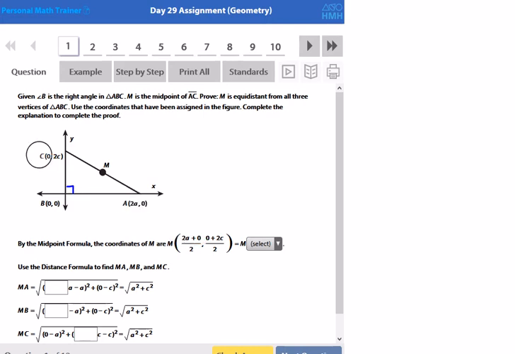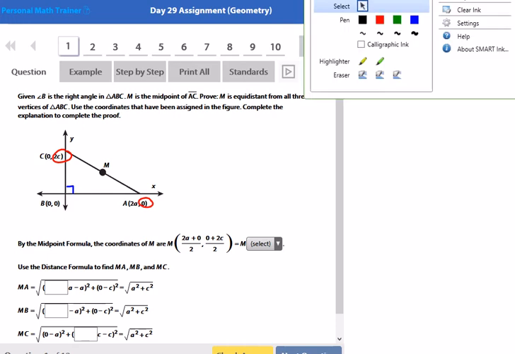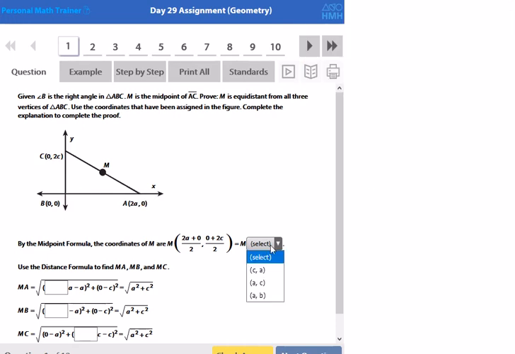And add the y's, which is 2c plus 0 divided by 2. So that would give you that M is going to be 2a plus 0 is 2a divided by 2 is just a, and 0 plus 2c is 2c divided by 2 is just c, so a and c.